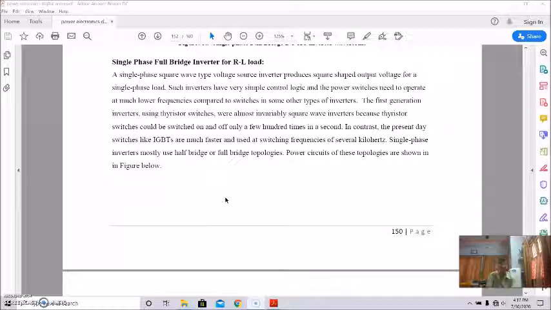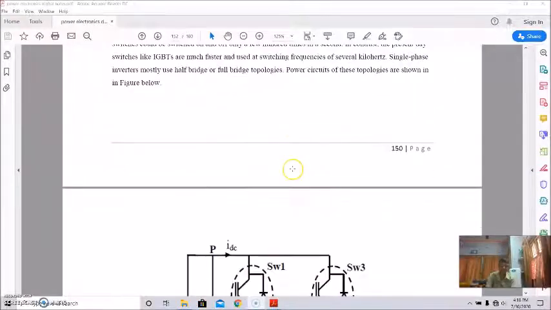In contrast, present day switches like IGBTs are much faster and are used at switching frequencies of several kilohertz. Single phase inverters mostly use half bridge or full bridge topologies, and the power circuit for these topologies is shown here.